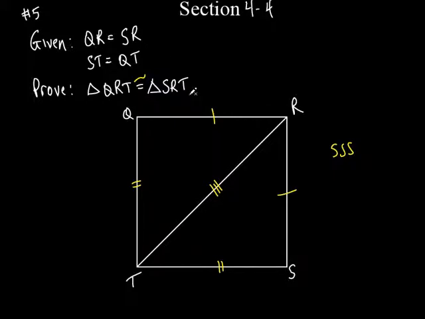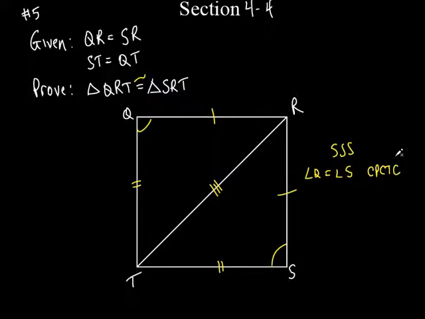What if, though, I said prove that angle Q is equal to angle S? Well, you've got to show the triangles congruent first, right? And then what would the reason be for angle Q being equal to angle S? That would be CPCTC. Let's understand what this means.